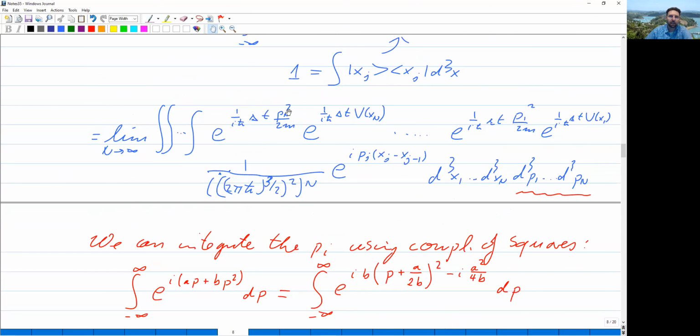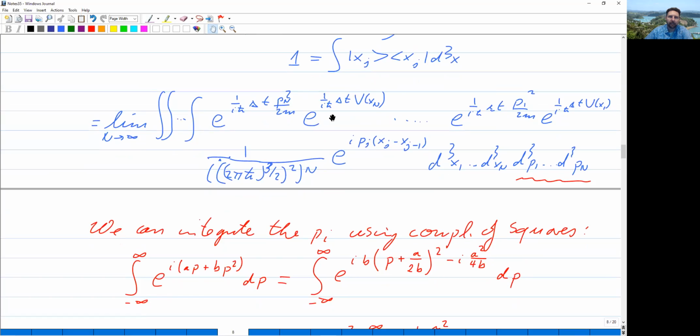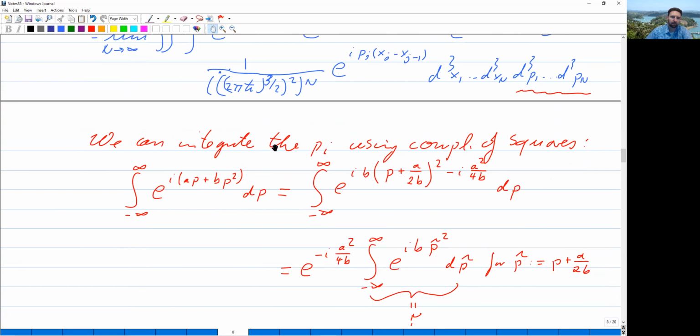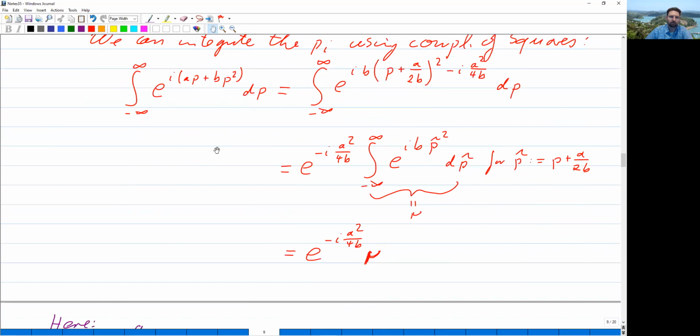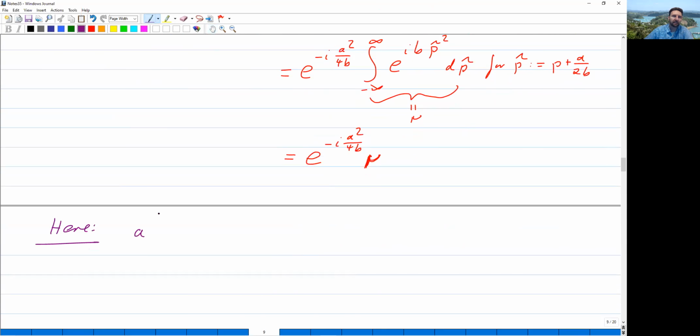B is the prefactor here, it's delta t over i h bar times 2m, and the A here is delta t over i h bar. The i has to be pulled out because the i is pulled out here as well. So what we obtain is that A is equal to xi minus xi−1 divided by h bar.